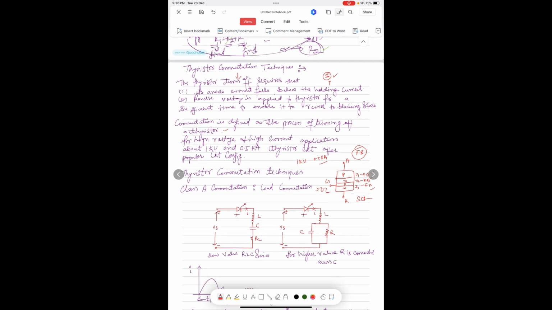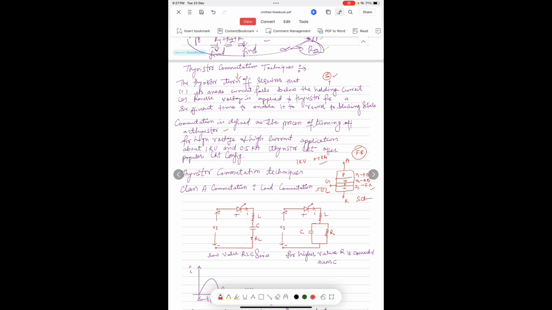So commutation is defined as the process of turning off the thyristor. The use of thyristors in low power circuits is reduced because of advancement, and we use GTOs and IGBTs. But the thyristor is still popular.